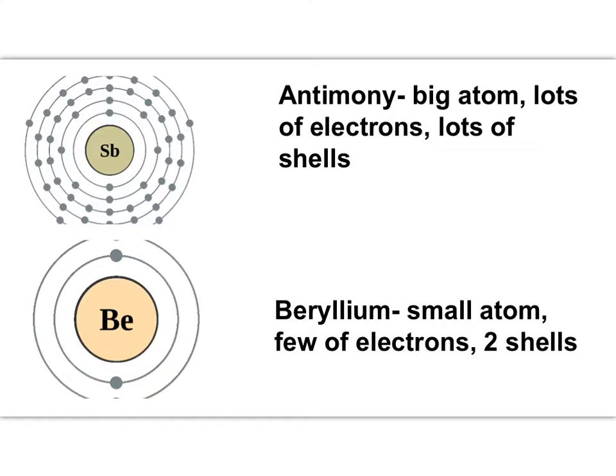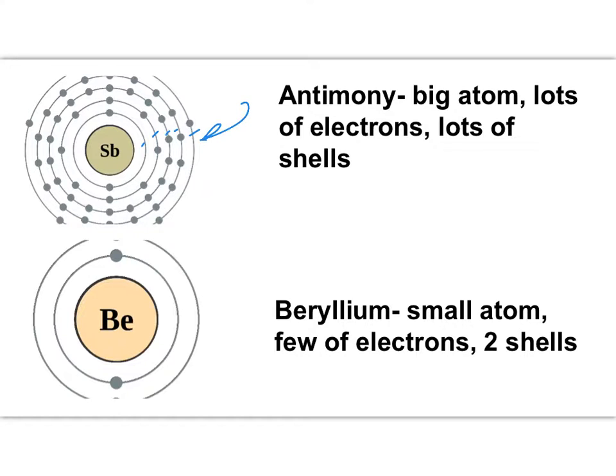So here's a good example. If we look at two elements on the periodic table, antimony and beryllium. Antimony is a huge element. It's really, really big. It's number 51 on the periodic table, and you can see that it has 1, 2, 3, 4, 5 shells around it. That 5th shell can fit tons of electrons in it, and it's because there are so many shells that come before it.